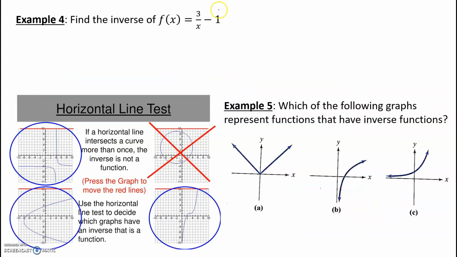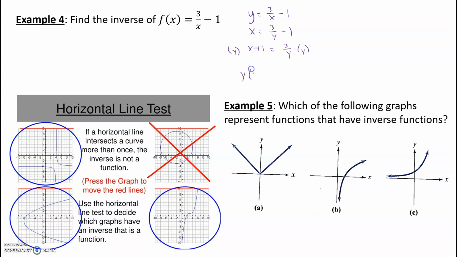Let's try one more. Same concept. y equals 3 over (x minus 1). Switch your x and your y. We're going to solve for y. Add 1 to both sides. Let's multiply both sides by y.